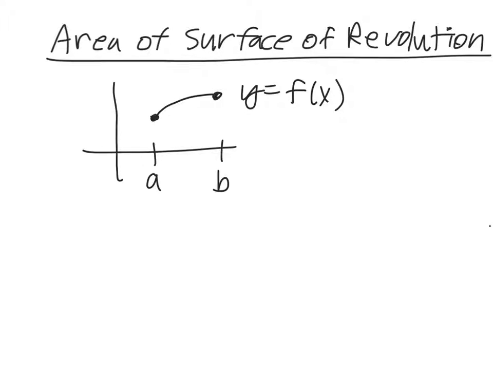If we revolve this, for our beginning example, we'll revolve about the x-axis, but the idea holds true for revolving about the y-axis as well. And it's actually a little bit easier to work with, as we'll see in the details here, whether we go x-axis or y-axis.